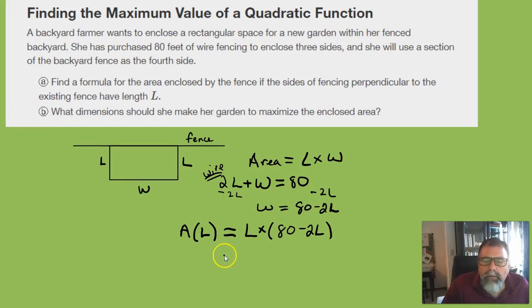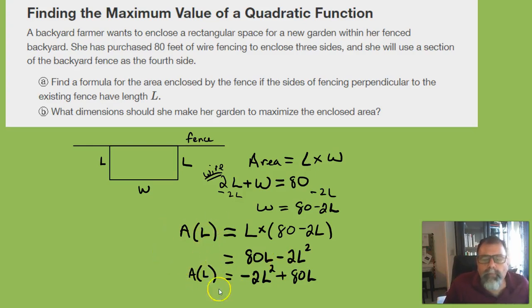Then if I simplify that, I get 80L minus 2L squared by distributing it. And then let's put it in standard form or general form: -2L squared plus 80L plus 0. Okay, so this is my quadratic equation in general form, sorry, my other book called this standard form as well.